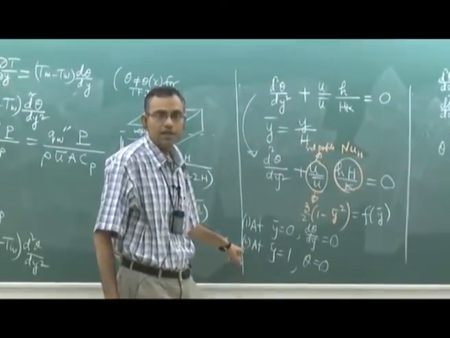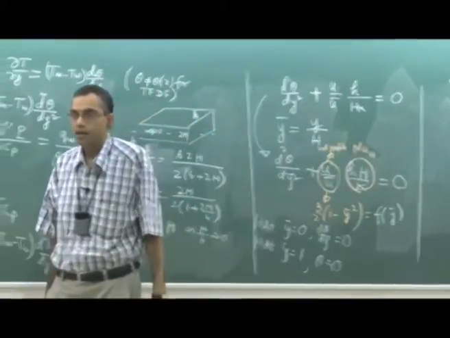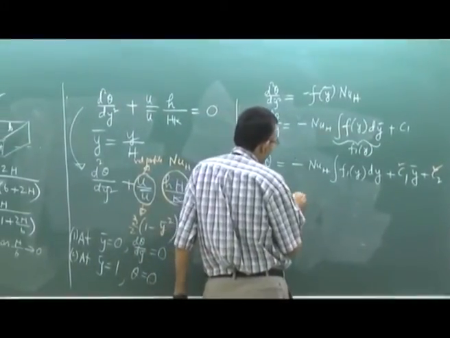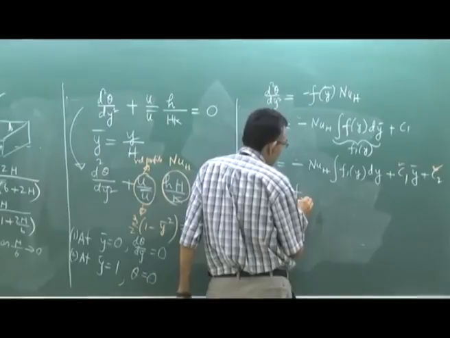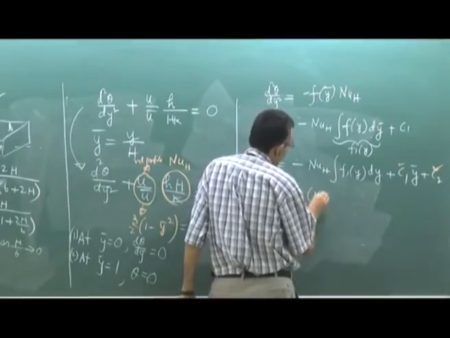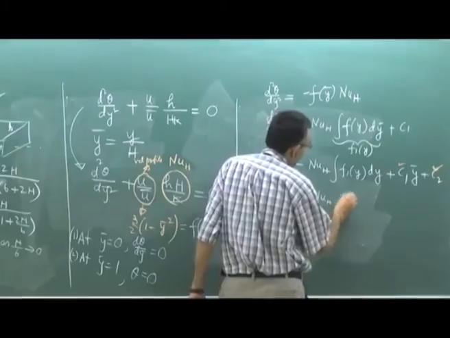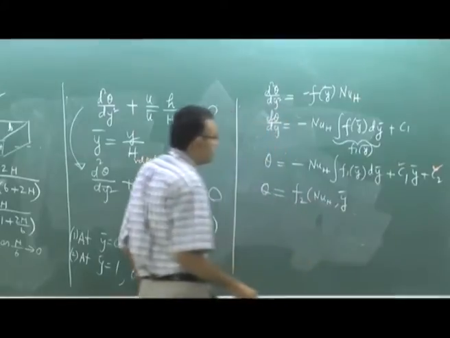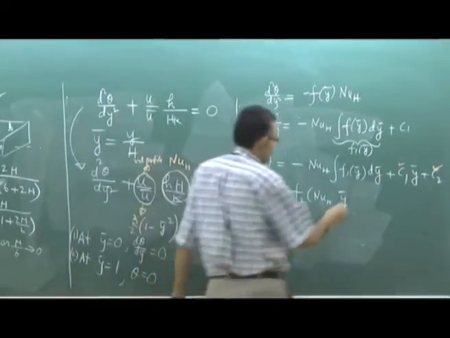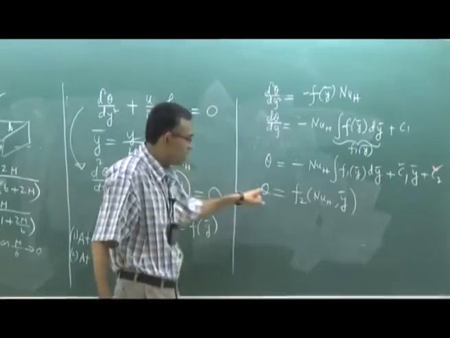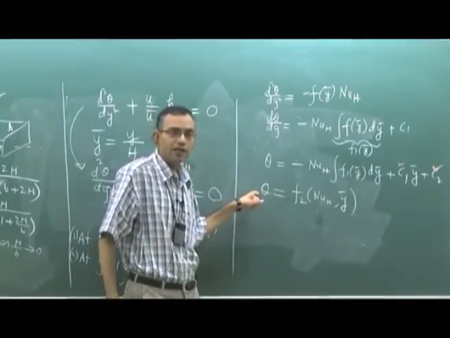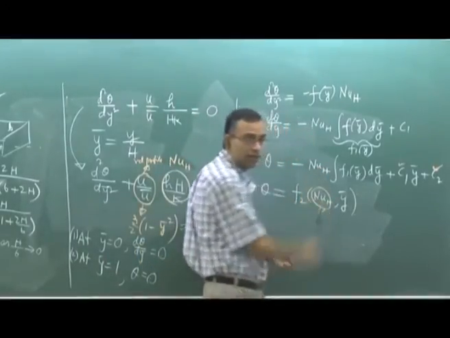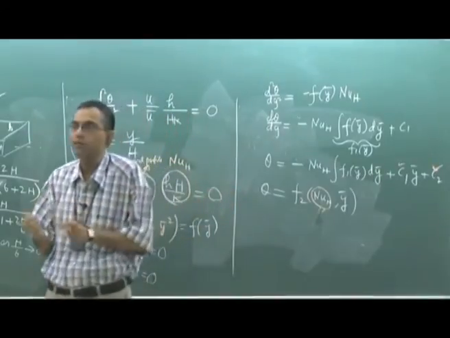But does this solve the problem? You have an expression for theta as some function f2 of Nusselt number and y. These are all non-dimensional y, so make this y bar. But this does not tell you explicitly theta as a function of y, because you still do not know what is the value of the Nusselt number. In fact, obtaining that is the objective.